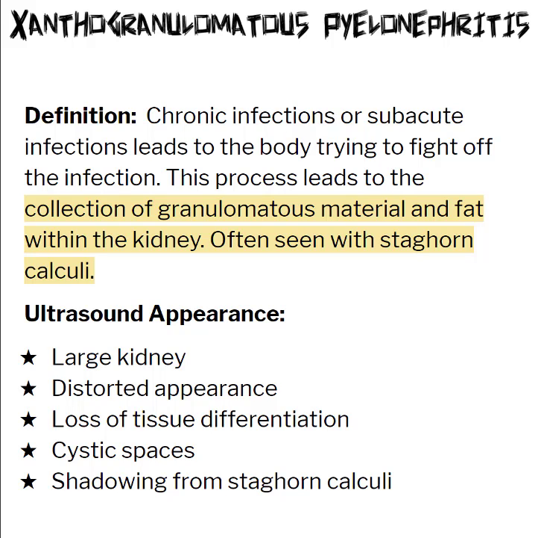And then the other thing that we often see with xanthogranulomatous pyelonephritis is staghorn calculi. Now, we haven't talked about staghorn calculi yet. I mentioned it in a previous section of this lecture, and a staghorn calculus is a giant kidney stone that fills the whole pelvis of the kidney.